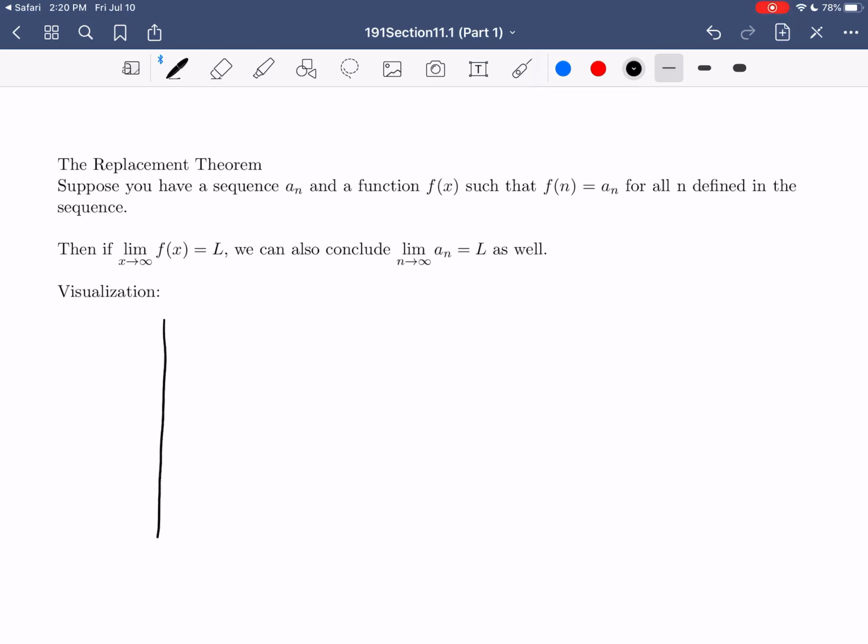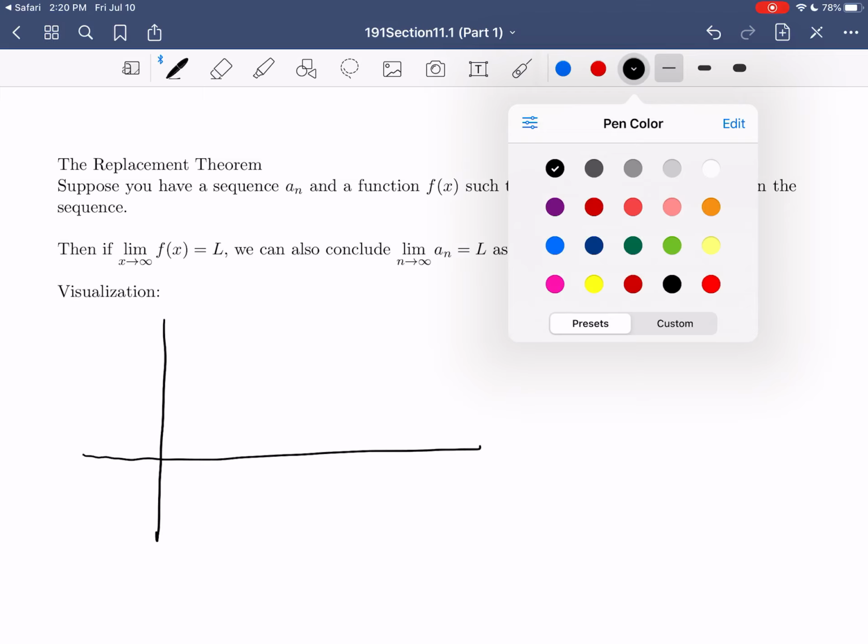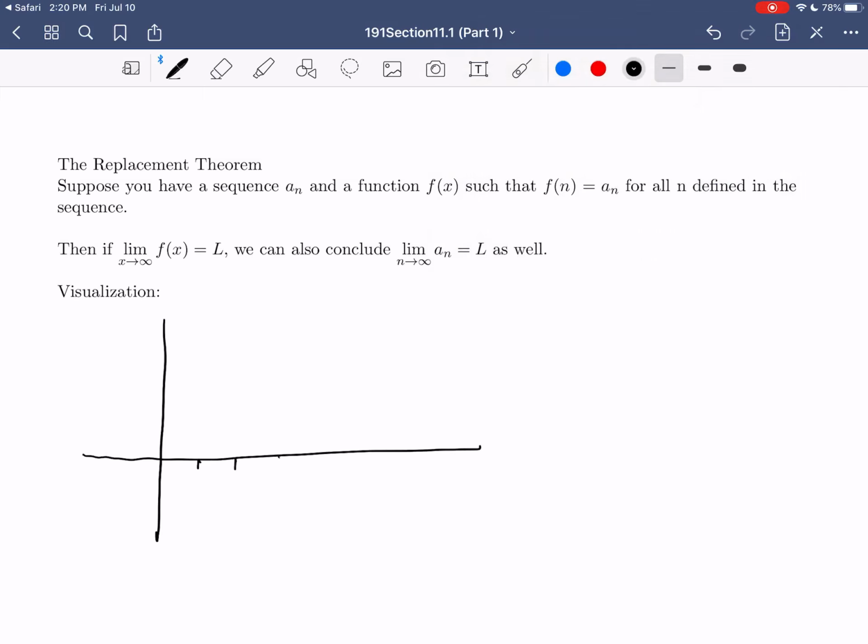So what's our visualization here? Well, it's actually very simple. All this is saying is if you have your sequence, maybe your sequence looks something like that, okay? And you want to understand the behavior of what these sequence values are doing in the long run.